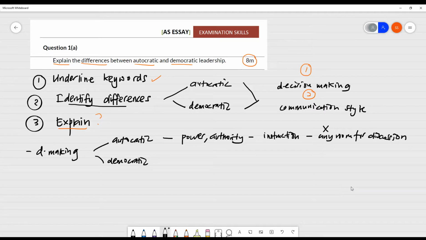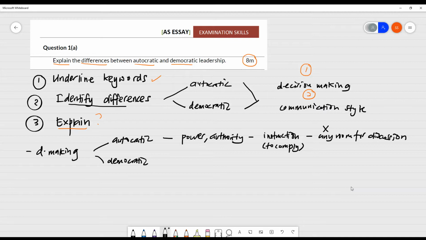All right. So an autocratic leader emphasizes power and authority, right? When making decisions, it is more of an instruction to comply. All right, instruction to comply, right? Without any room for discussion, which means the employee would just need to follow through on the instruction given by the autocratic leader. Okay.